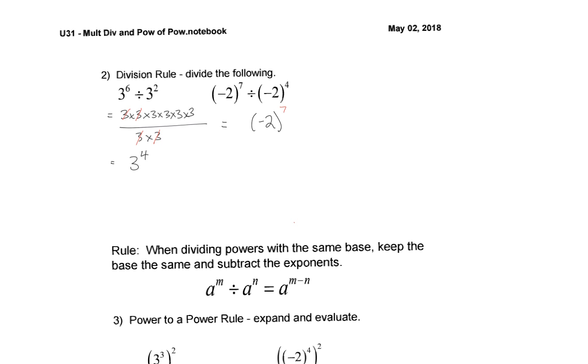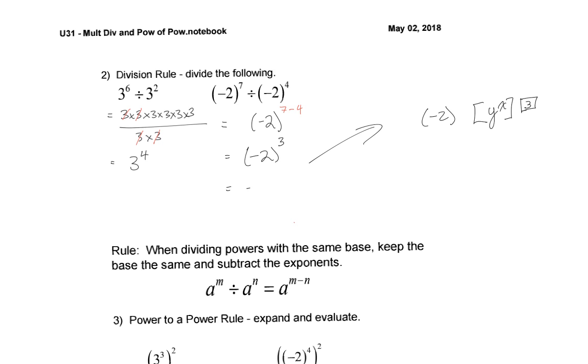The front exponent is 7 and the second exponent is 4. So our final answer is -2 in brackets raised to the 3. Punching that in your calculator, you're going to type in -2, and then hit y to the x, and then the number 3.